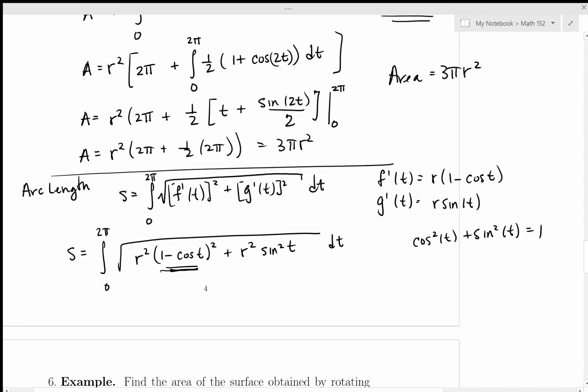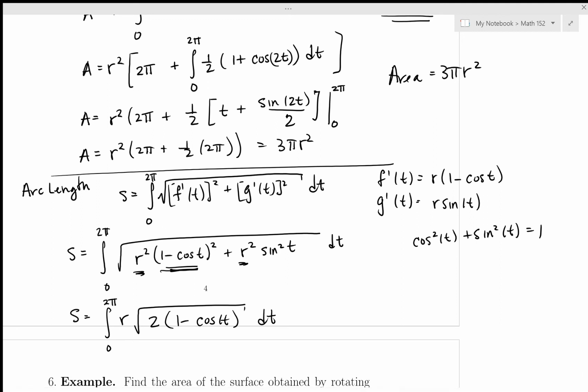I get that this integral is the integral from 0 to 2 pi of, factoring out the r squared outside of the square root, it becomes r, and I have underneath the square root 2 times 1 minus cos t dt. Okay, so it's a noticeable simplification.